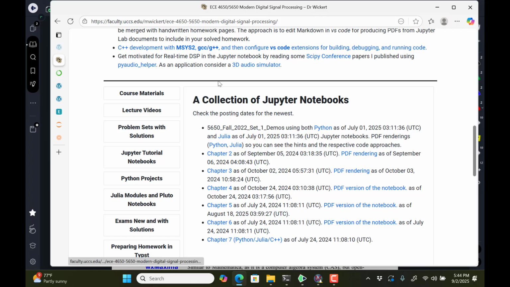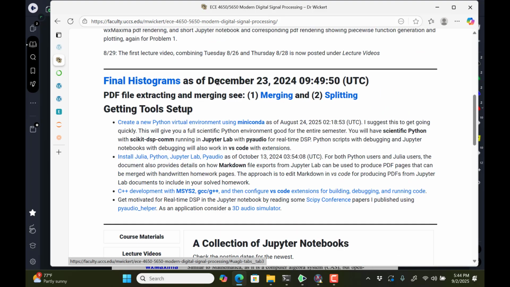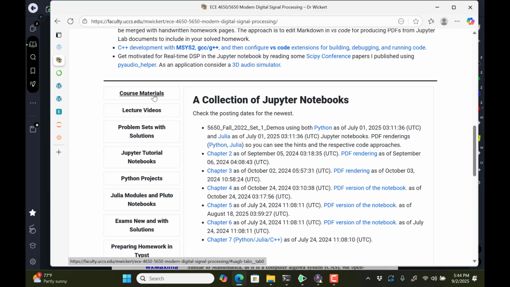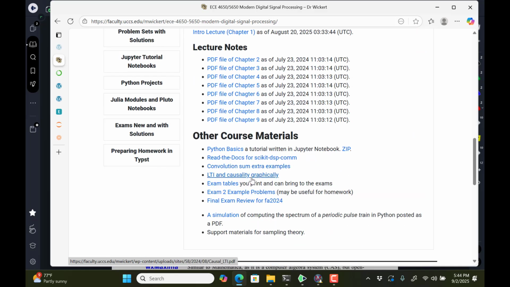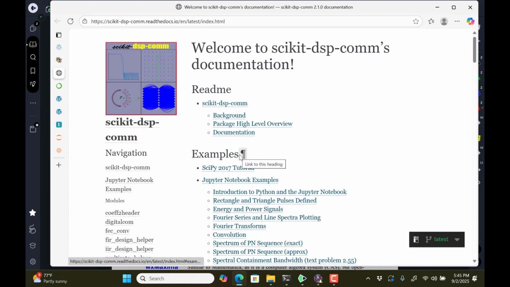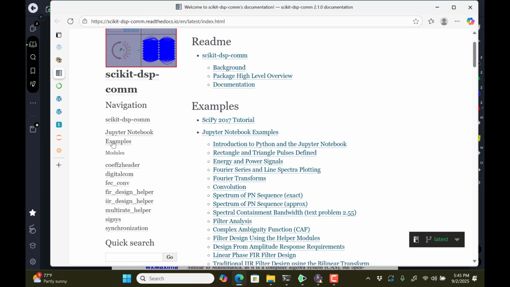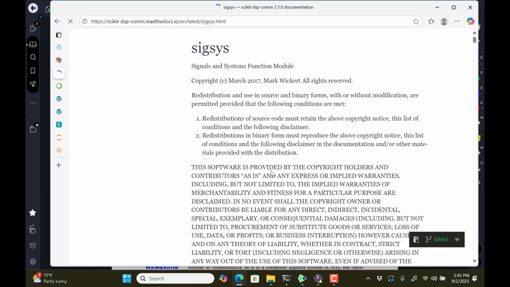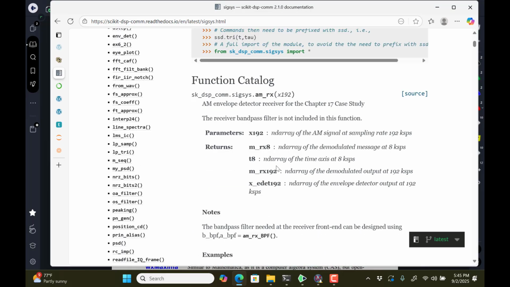If you're ever using my function library, though, you can always go back to course materials, and you can open up the documentation we have for DSP.com, and you would go under the module Signals and Systems, SIGSYS, and then you get this listing on the side of all the functions.